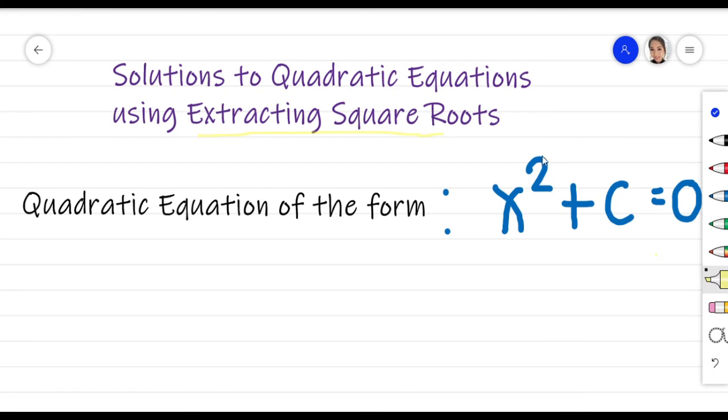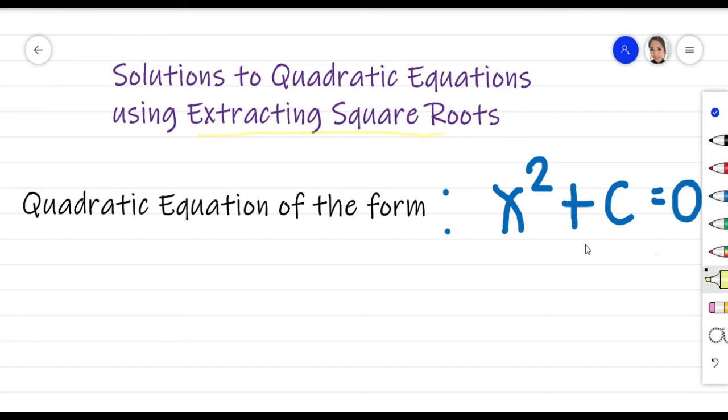We only have the quadratic term and the constant term. So extracting square roots in finding the solution for these quadratic equations will really help us do the computation.